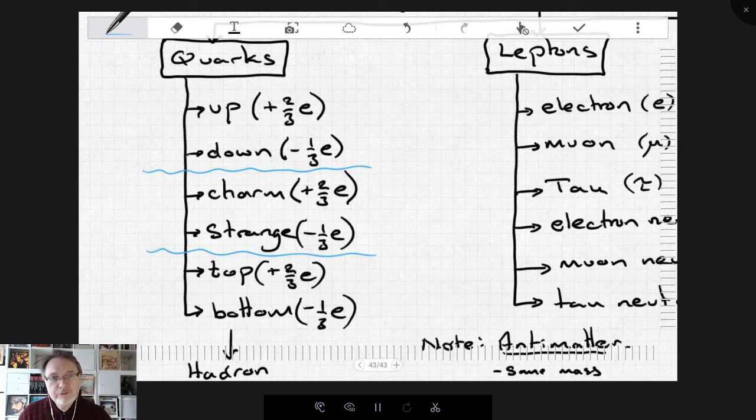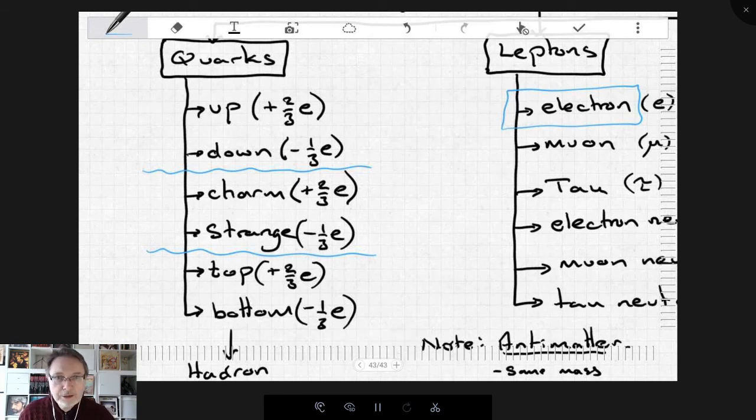Now, since the universe is trying to reduce potential energy of all types, and mass is a form of potential energy, then when we look around us at stuff and we look at the particles that are made of quarks, it turns out, not surprisingly, that most of the stuff around us, which is in the form of atoms, is electrons, and up and down quarks, protons and neutrons.